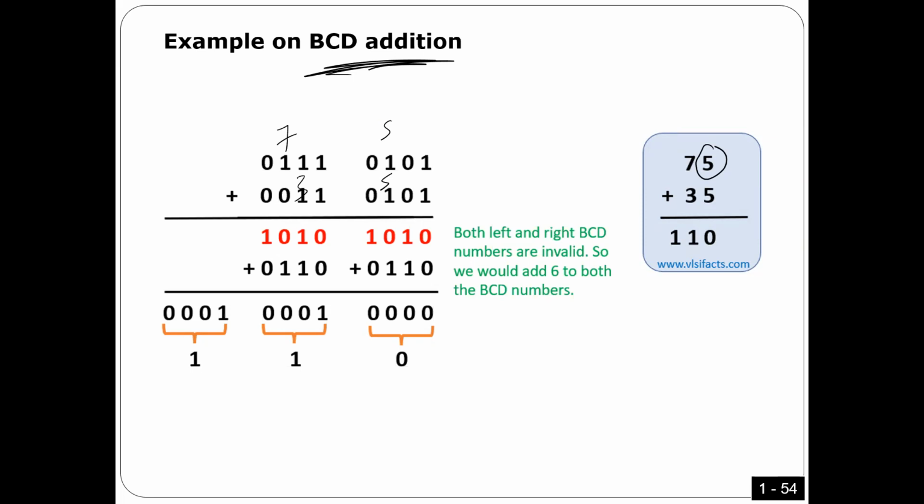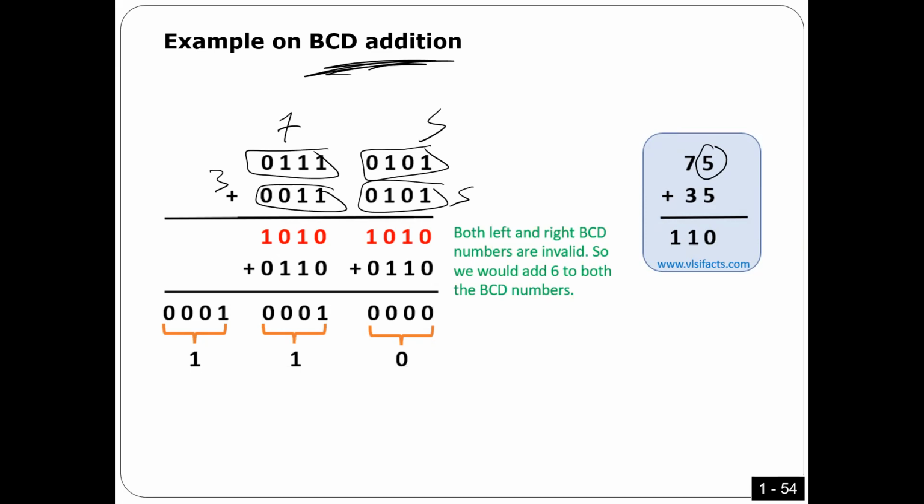So anyway, this is number 5 alone. This is number 7 by itself. This is number 3, and then this is number 5. Is that okay? Now I'm going to do binary addition, normal binary addition, bit by bit.